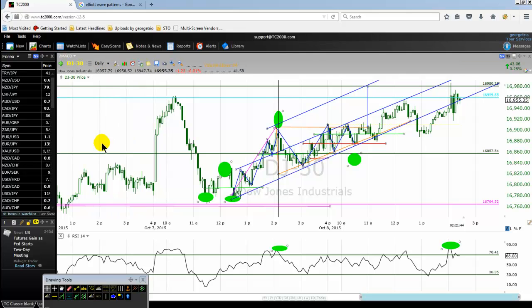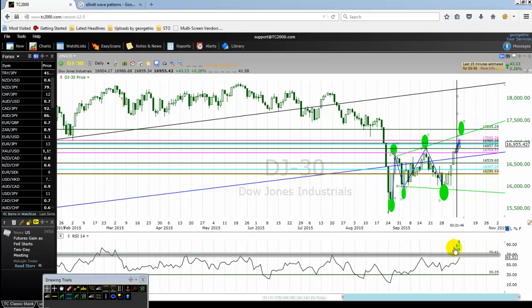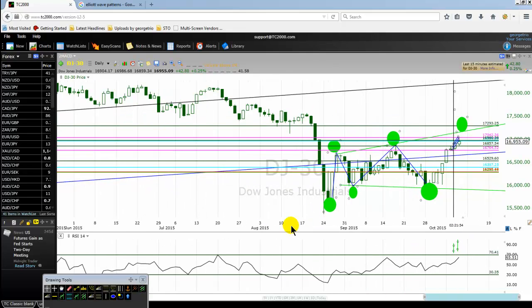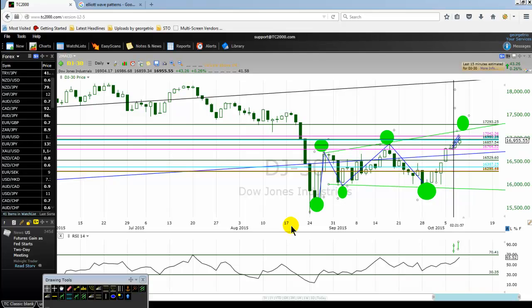We were talking about it, that when the RSI reaches this level, you get one of the best overbought RSI. Why? Because of a pattern. Remember, 1, 2, 3, 4, 5 down, oversold. These are usually the best.